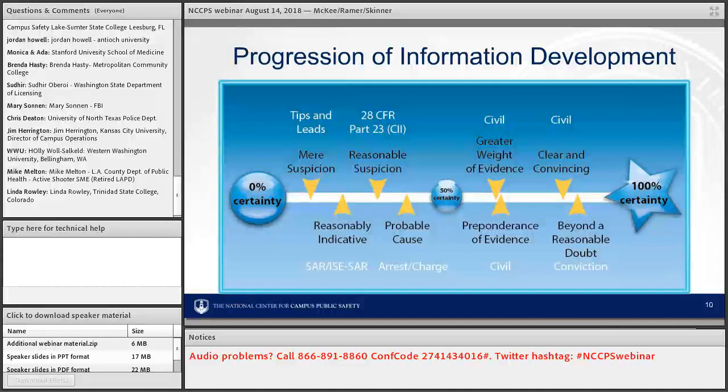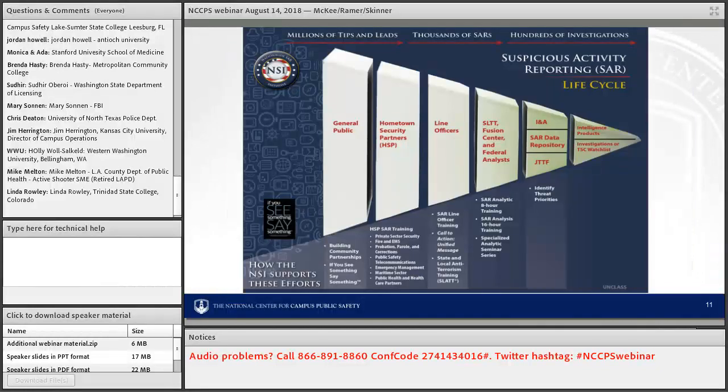And then we go on up the line to reasonable suspicion and probable cause, which we're all aware of. That's what it takes to get an arrest warrant and things like that. Reasonable suspicion is what it takes to do a stop and frisk and to get information in a criminal intelligence database. So it's not a whole lot of information, but it does have to be something we can articulate, but we don't have to prove it. So I want to make sure that's clear.